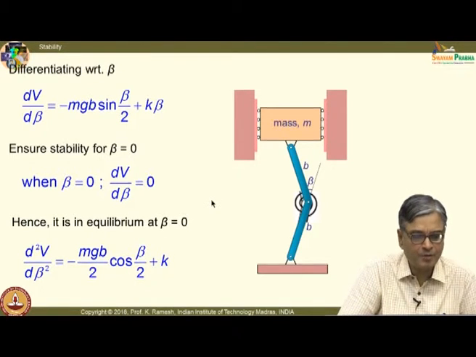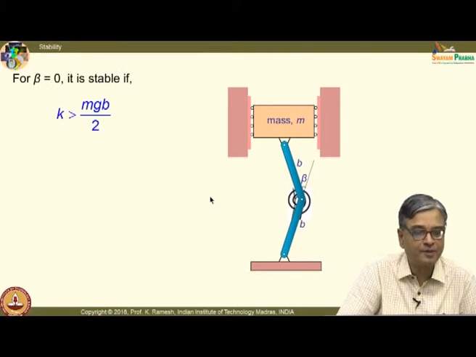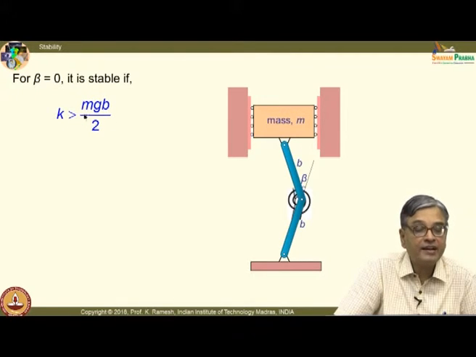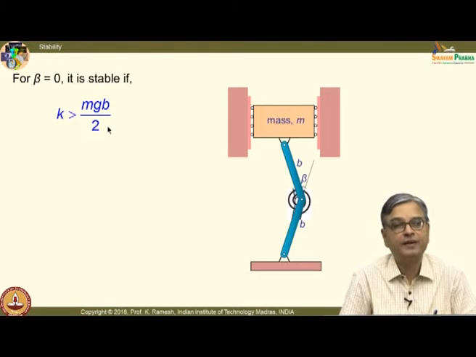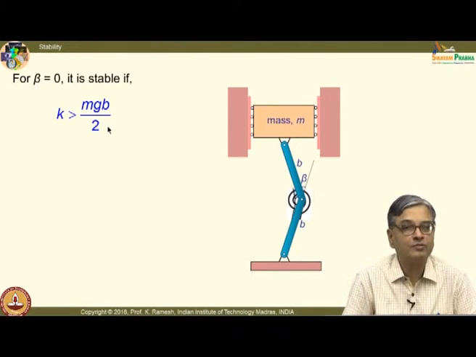Very simplified problem. We have given color to that problem by bringing its similarity to a leg. One can improve the model several fold. For beta equal to 0, it is stable if k is greater than mgb divided by 2. If it is equal to, you have d squared V by d beta squared equal to 0.